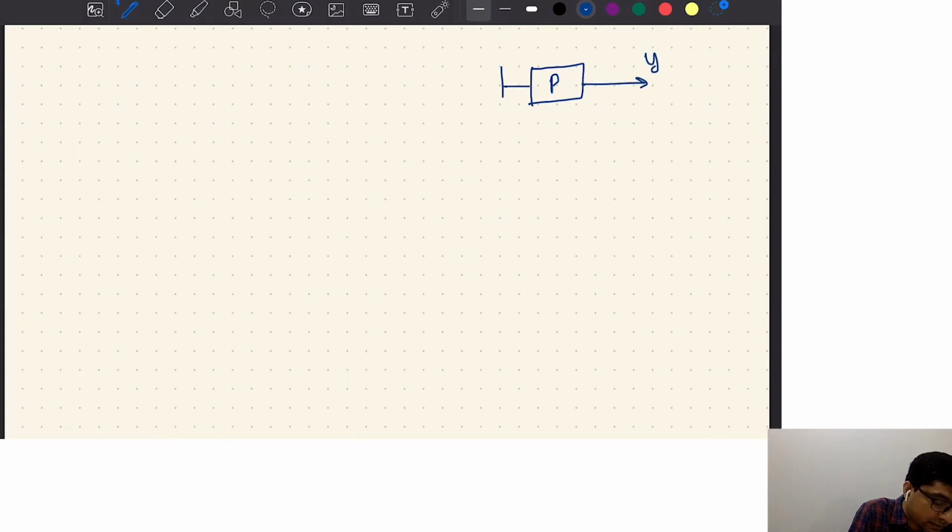Okay, so why does this happen? In a standard control block, there is a plant P producing an output Y. There is a controller C, and just to keep it simple, a unity feedback system.